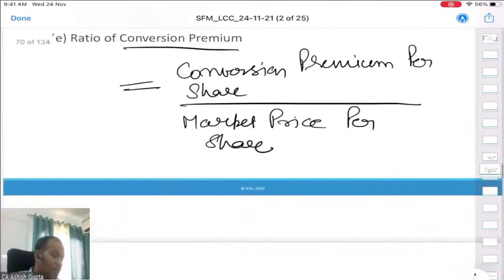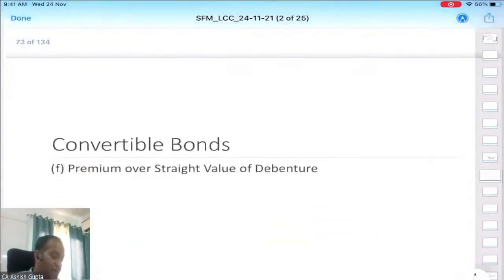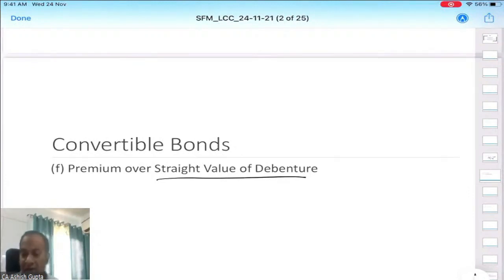So it means we are paying this much percentage of premium extra above the market. The next term is premium over the straight value of the debenture or bond. It is a kind of premium, because a convertible bond will always carry some premium.